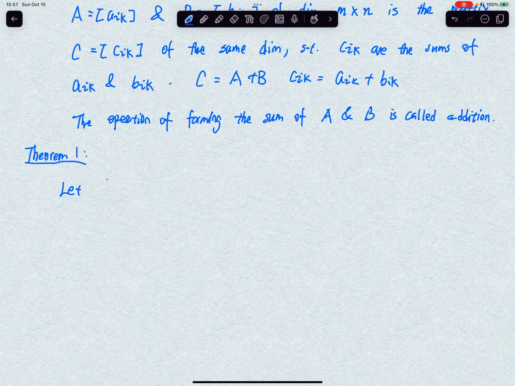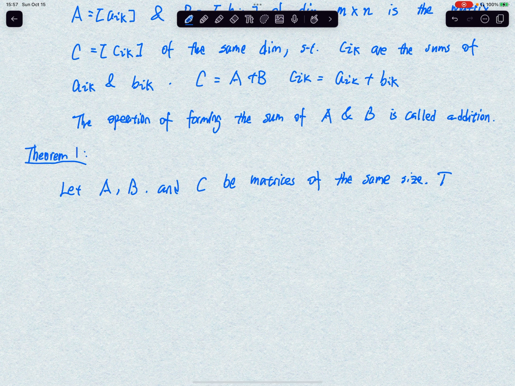So if we let A, B, and C be matrices of the same size, then we have, first of all, A plus B equals B plus A, so that is symmetric.